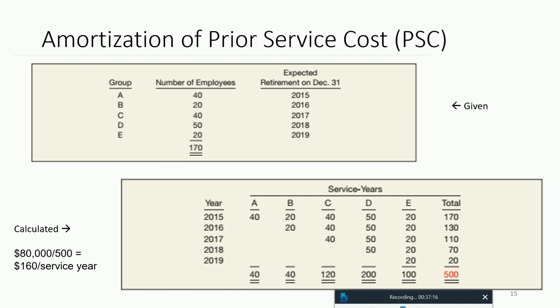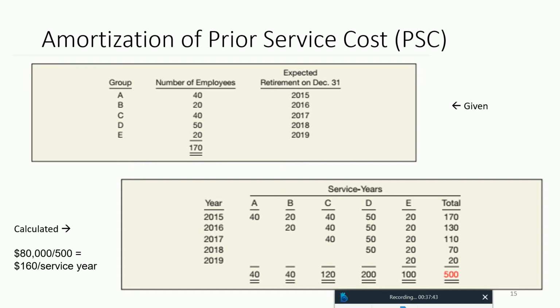So you add 40 and 40 and 120 and 200 and 100, and you get 500. So there are 500 service years left. Then we're going to take that $80,000, that's our total prior service cost, and divide that by 500, and that's going to give us $160 per service year.